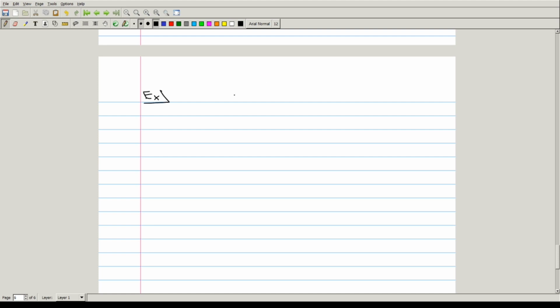So let's take a look at the vector field given by: the x component is negative y over x squared plus y squared, and the y component is x over x squared plus y squared.